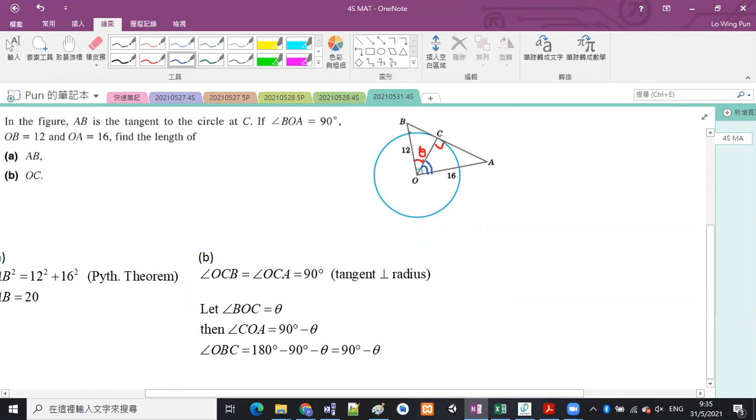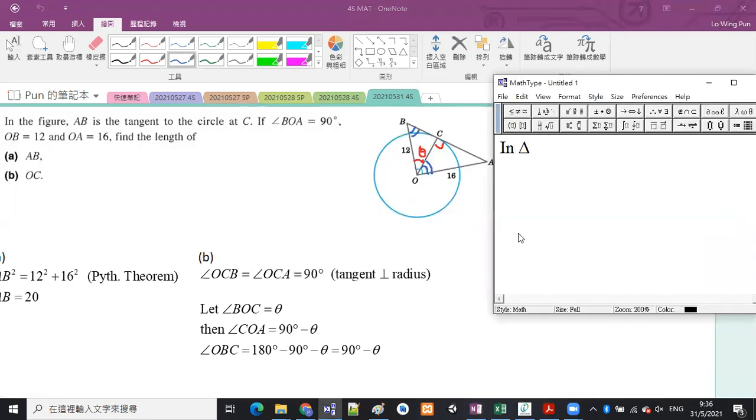And then angle OBC is this one. Both of them are equal to 90 degrees minus theta, and then I can show that actually there are three similar triangles. Let me write this down.